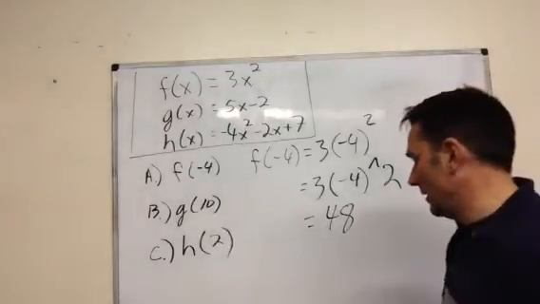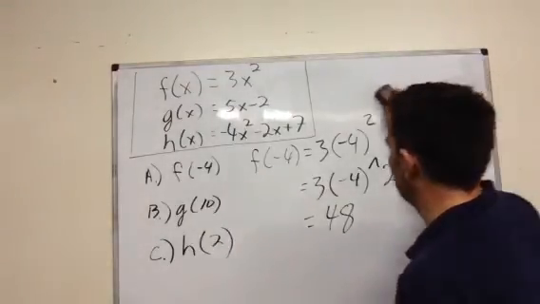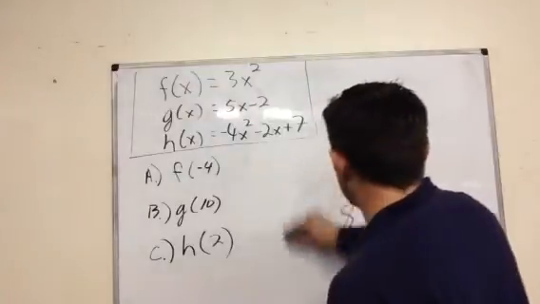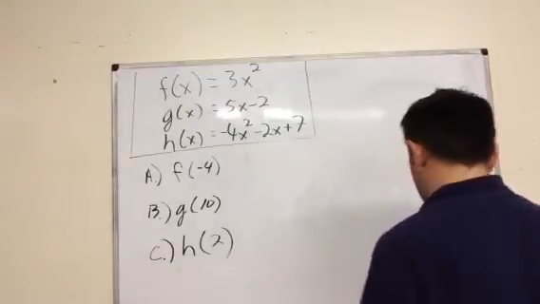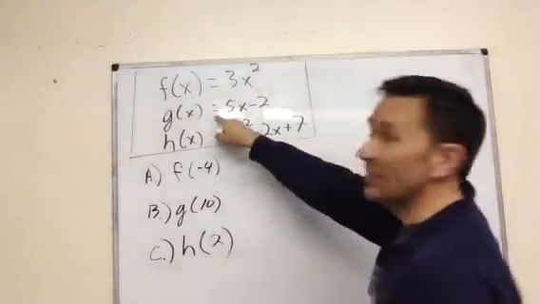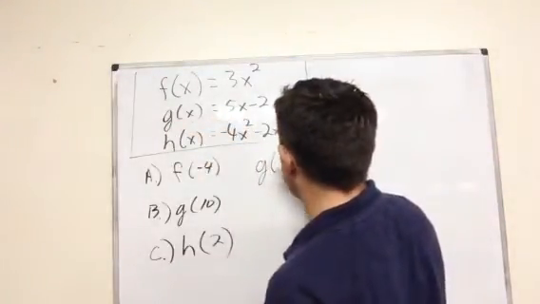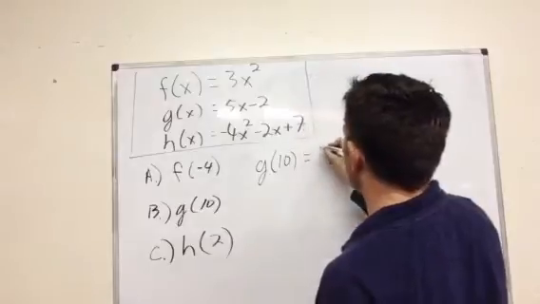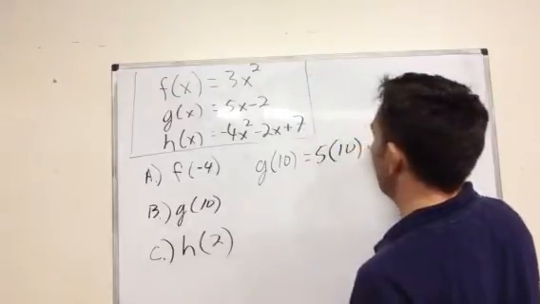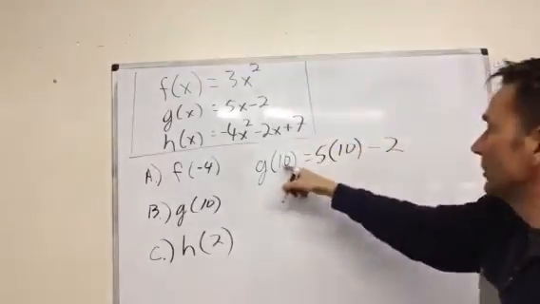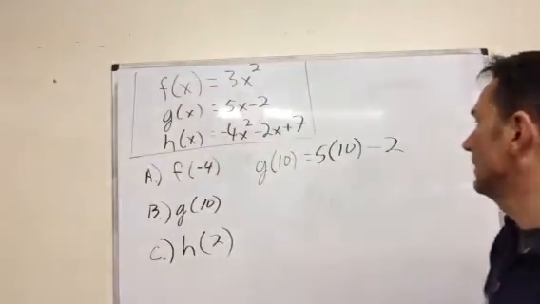Now we want to try our function g of 10. We're using our second function because it says we want to use the g function. So g of 10 equals 5 parentheses 10 minus 2, substituting the 10 in for the x.